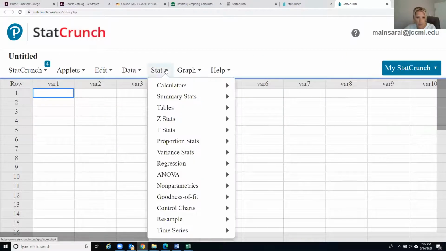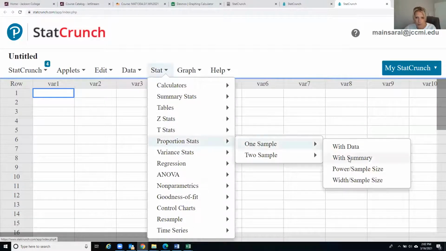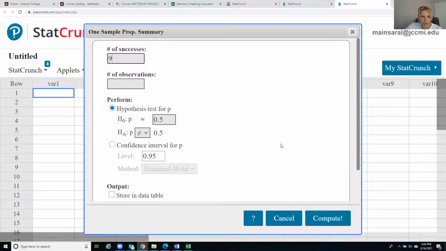So remember, we go to Stat, Proportion Stats, One Sample, With Summary. And so we have 9 and 430 in the sample. And our proportion is, make sure you turn that to a decimal, 0.0115.